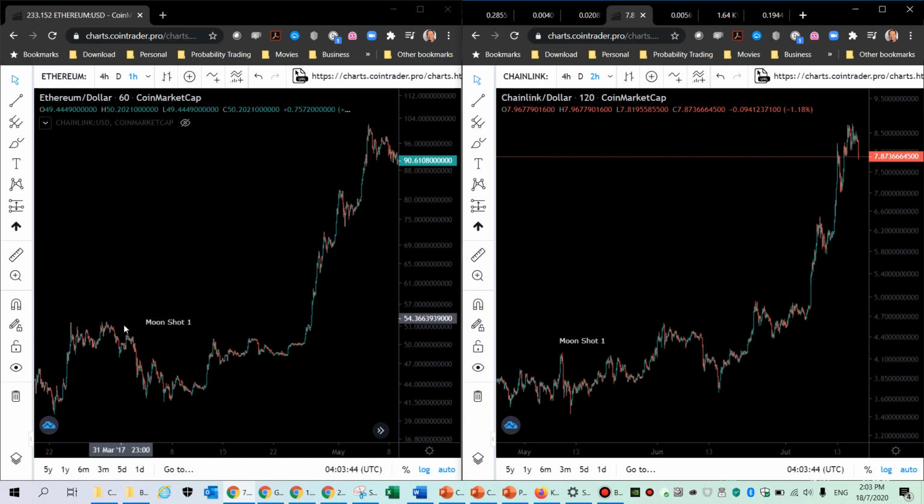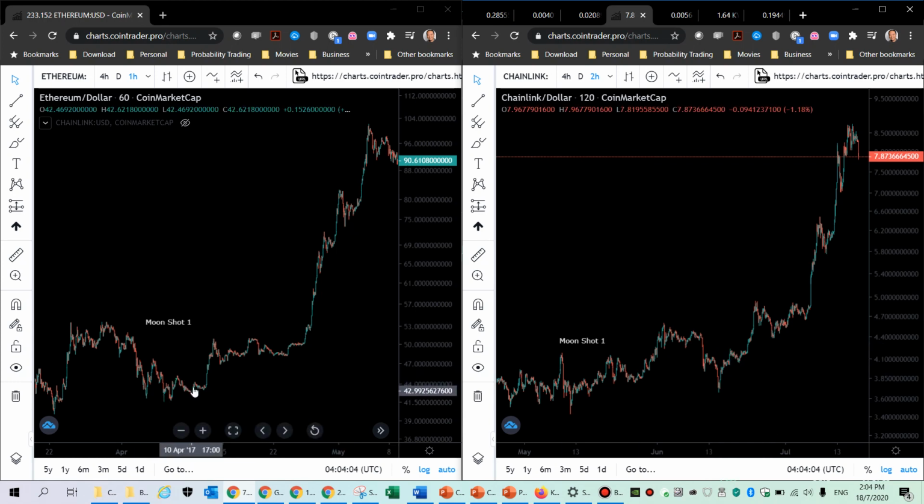So let's look at this Moonshot 1. This is the completion of Moonshot 1. You can see the correction coming down over here.